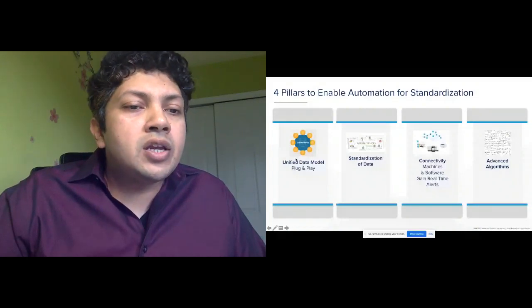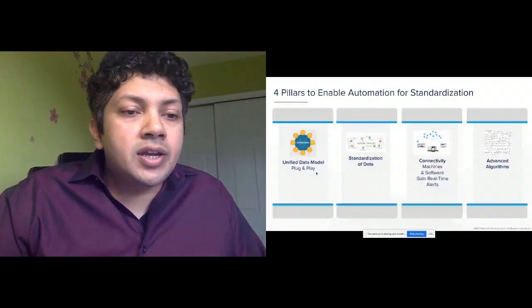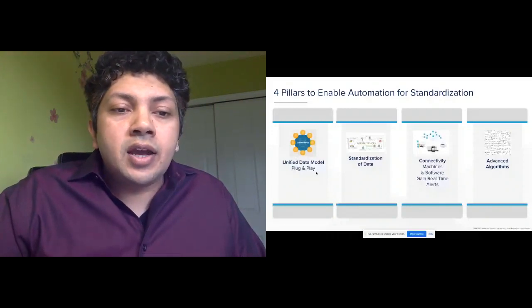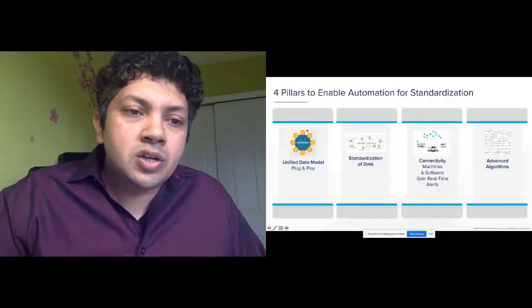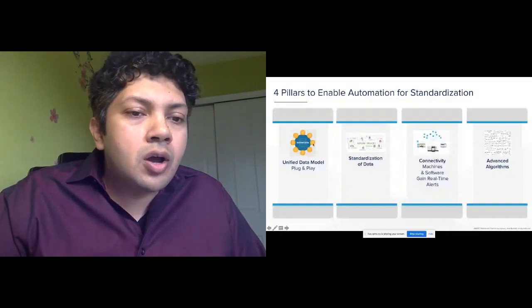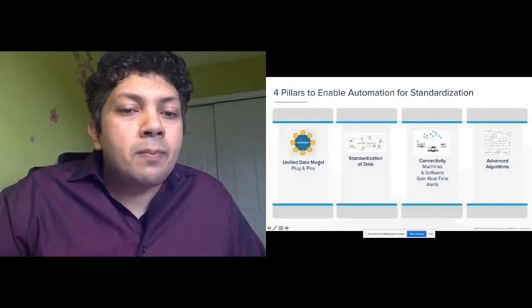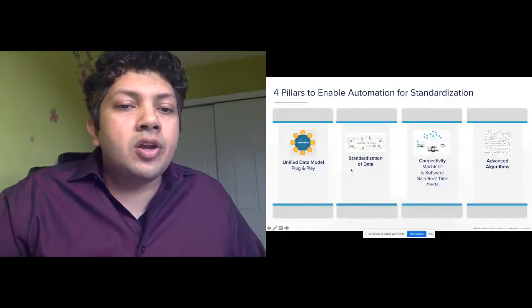And all of that data needs to be interconnected with a digital thread, like a connected digital thread. That brings us into standardization of data. Not only does that data need to be interconnected, like the parts have to be connected to order with job with shipment, but also that data needs to be standardized into some kind of canonical format.